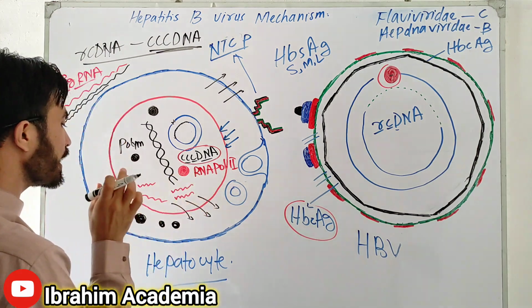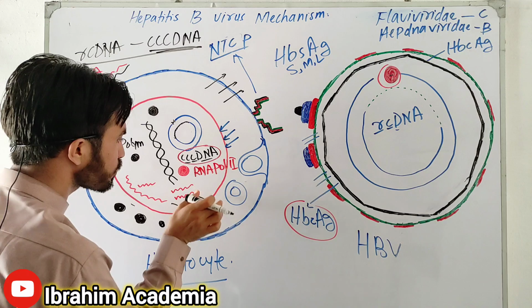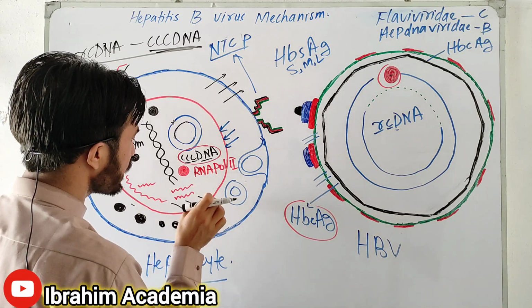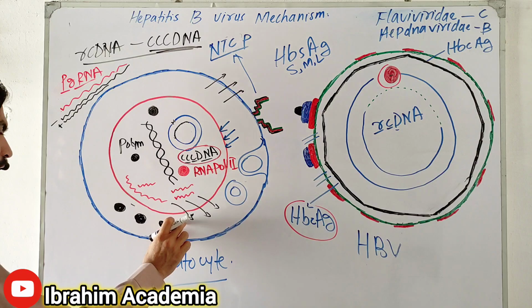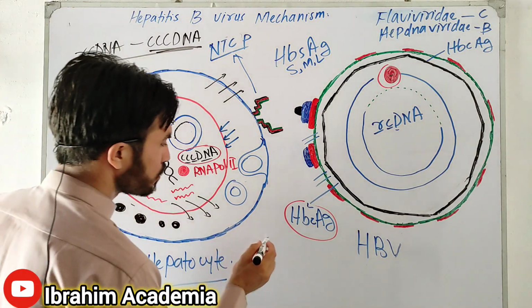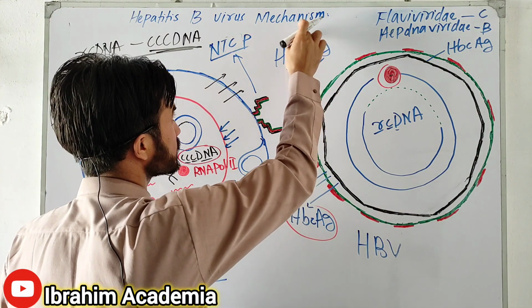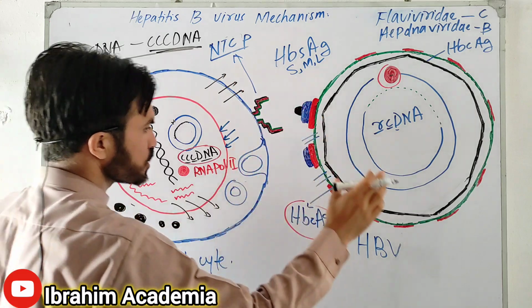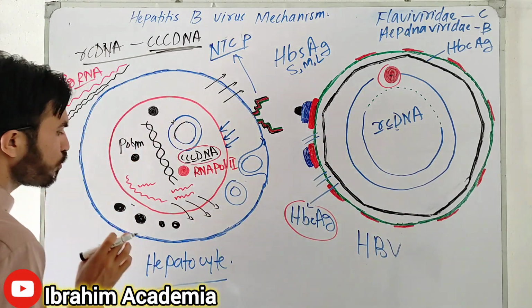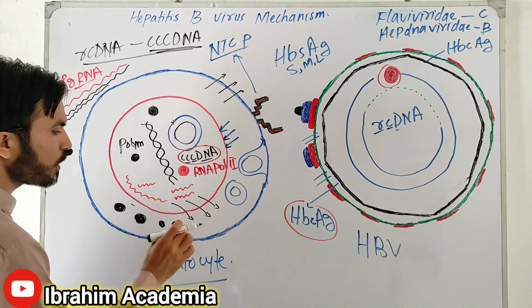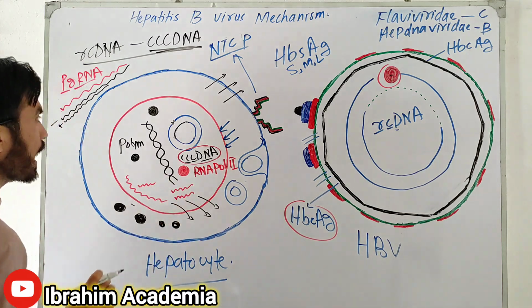These messenger RNAs and pgRNA come out of the nucleus of the host cell, and on ribosomes they get translated by my own ribosomes, and all the antigens, the HBs, HBc and HBx, are formed by translation by my own ribosomes from these messenger RNAs.